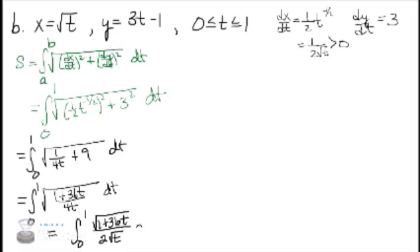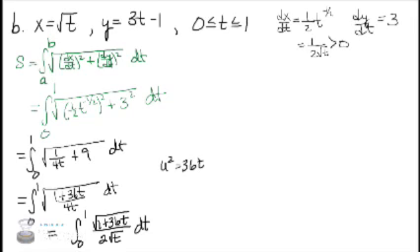So the first thing I'm going to try to do here is a u substitution. What I would like to happen is to get 1 plus u squared here. So I would like u squared to turn out to be 36t, because if I have the square root of 1 plus u squared, I can use a trig substitution.